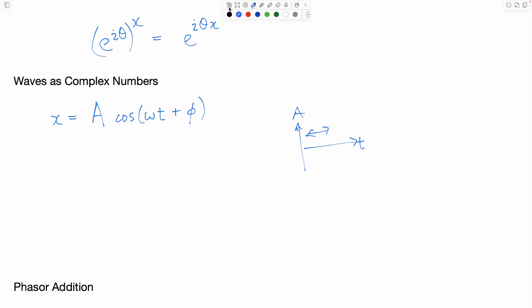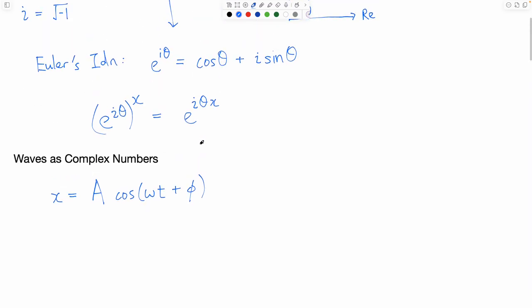Okay, so don't worry too much if you're not too familiar with what the phase is. We can notice that this cosine part looks eerily similar to our Euler's identity, because in Euler's identity we also have a cosine part here. So we can actually write this in terms of a complex exponential. We will write it as the real part of e to the i omega t plus phi.